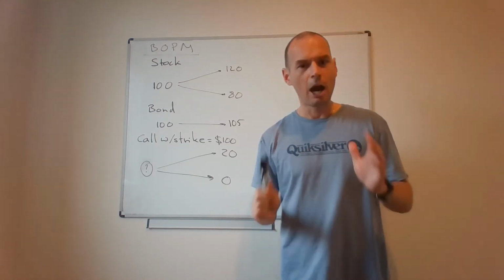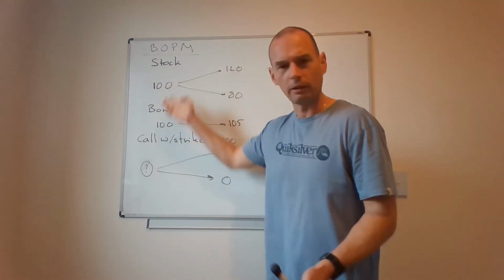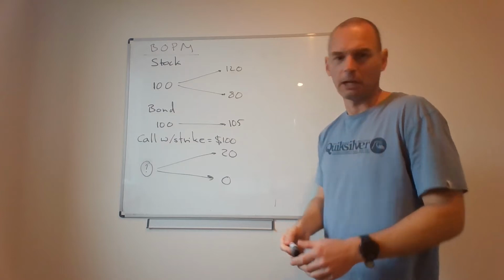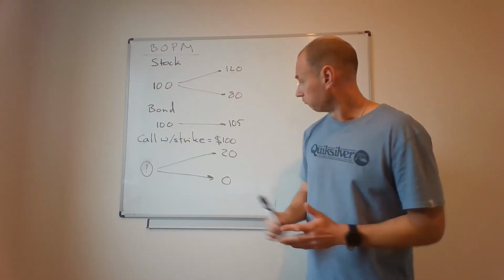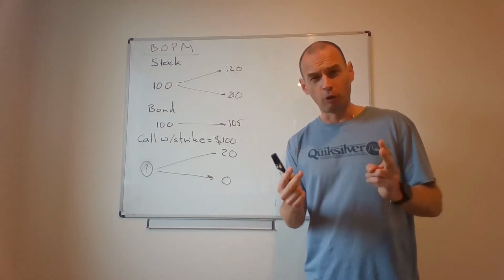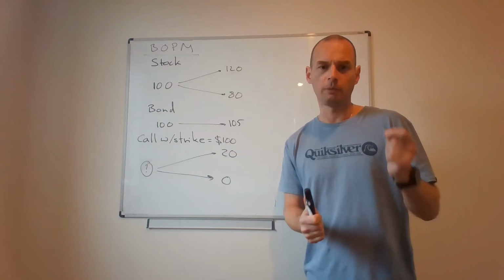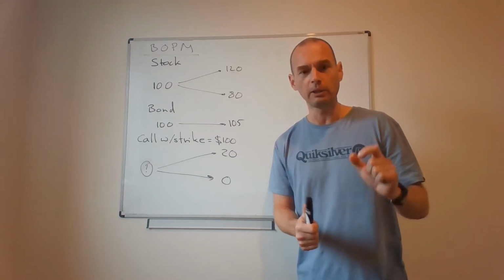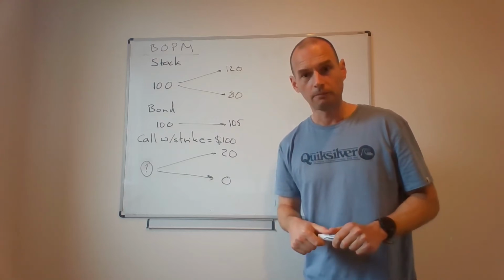I know exactly how much that portfolio will cost me because I know the prices. They're right here, $100 each. Didn't have to be $100, but it's more convenient this way, right? And if two portfolios have the same payoffs, they have to cost me the same. That is the law of one price that I have referred to a number of times throughout my videos.